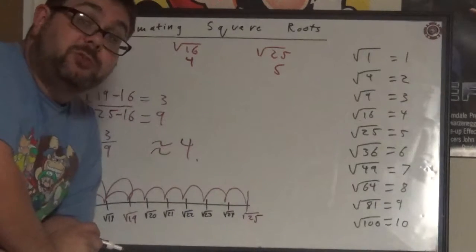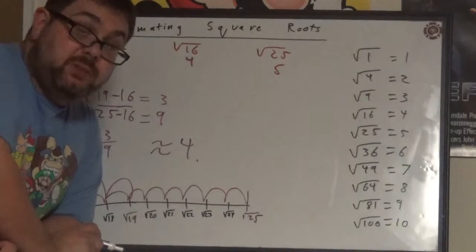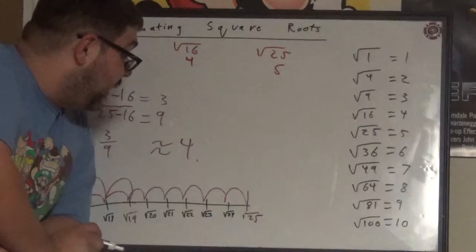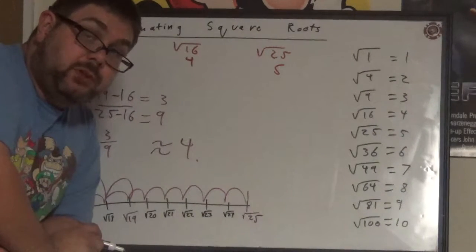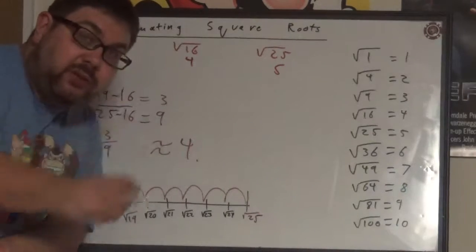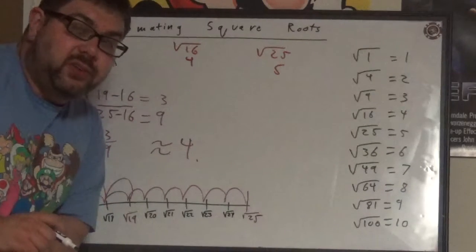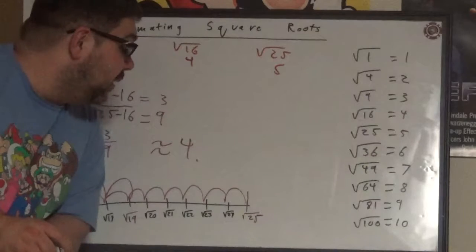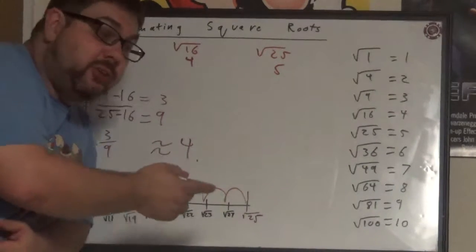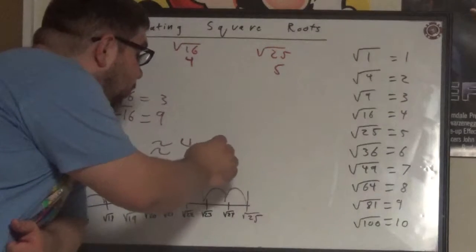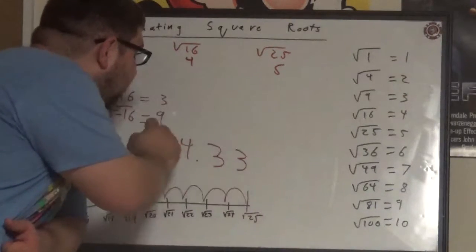Now we won't round this number yet because again we're estimating, and if you put 3 divided by 9 in the calculator, you're going to get 0.33333333 repeating. So I'm going to estimate that and round it to 2 decimal places and get 4.33.